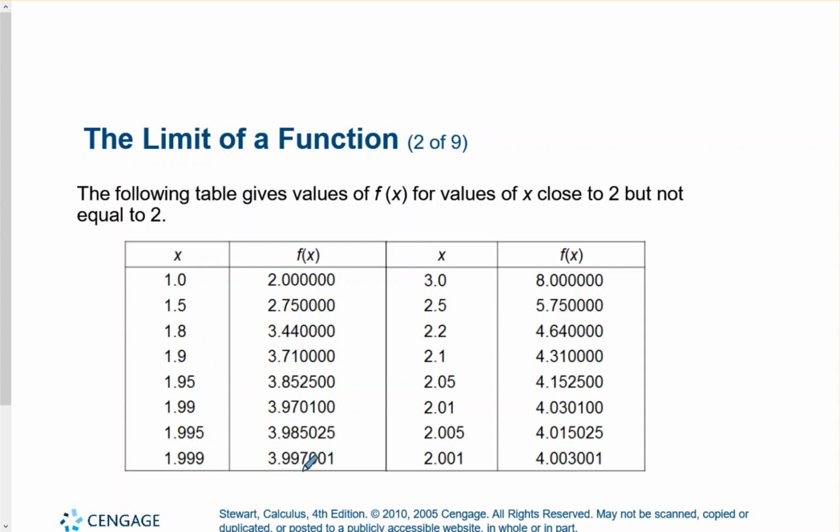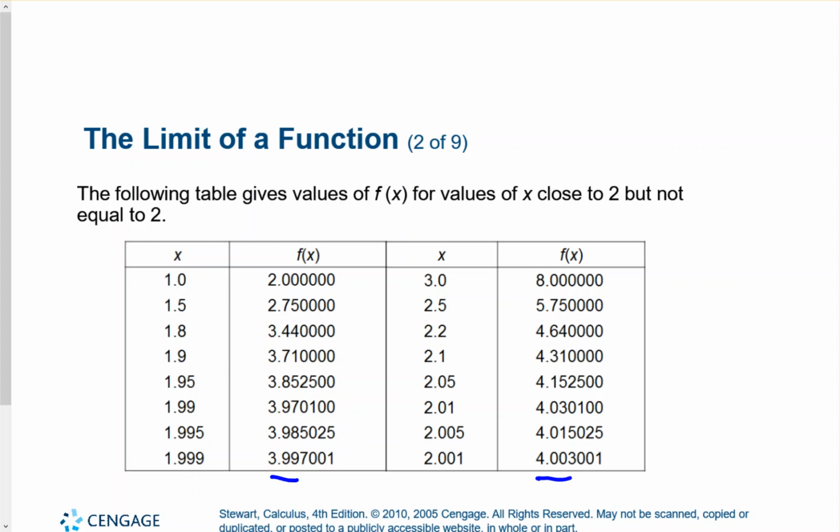Looking at the y values, how do we get them? Just plug the x values into the function. It appears that they're getting closer and closer to 4, what we said in the graph. On the flip side, from the right, starting at 3 and getting closer to 2, 2.5, 2.2, our y values are also getting close to 4.